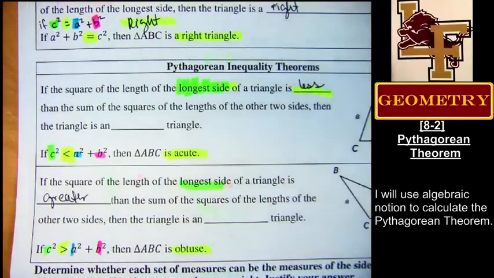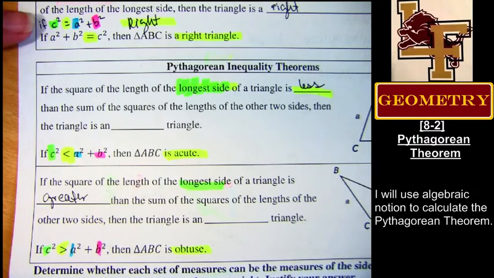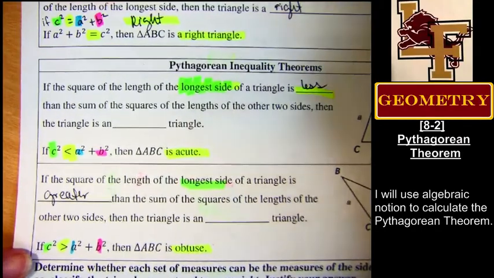Okay, so your cheat sheet. Longest side equal, right triangle. Longest side less than, acute triangle. Longest side greater than, obtuse triangle. Boom, boom, boom.